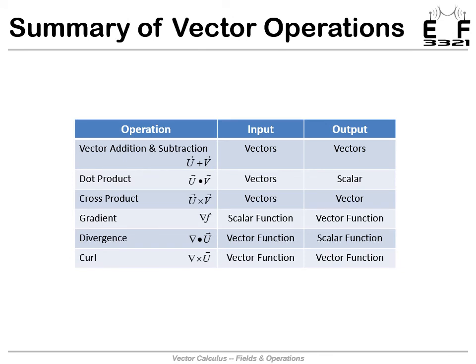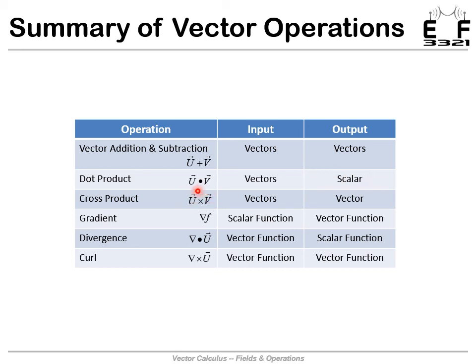So here's a nice summary which tells you what inputs these operations have and what outputs they give us. So for example, we look at our operation, addition and subtraction. They take as inputs vectors, and so if we add or subtract vectors, we get vectors out. Dot products, they take as inputs vectors, and they give us a scalar as an output.